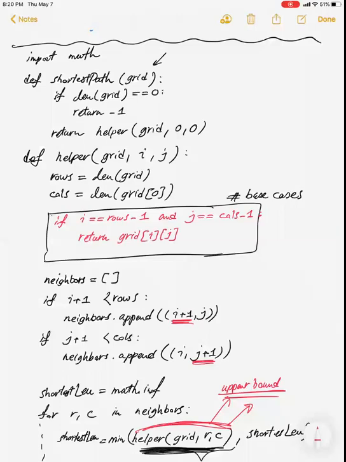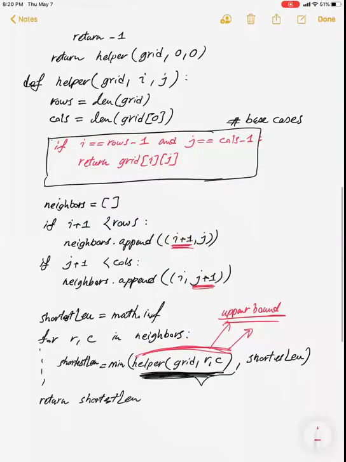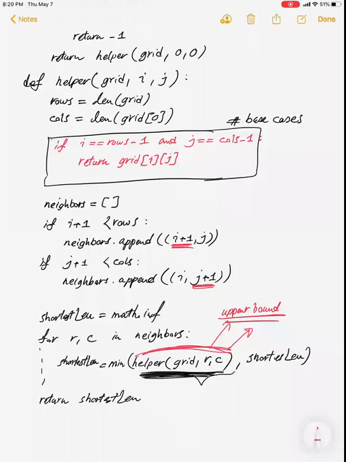And now we have our DFS solution. In a DFS solution, we should always see what the subproblems are. And you shouldn't dive into the recursive calls, because it will waste your time and you will be confused in the interview.